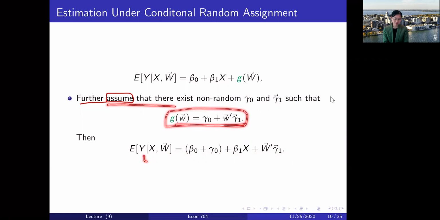then we know this conditional mean model is also the projection model. And the OLS regression of y on x and w will consistently estimate beta 1. Okay. It will also consistently estimate gamma 1, but gamma 1 is not a coefficient of interest to us at this point.